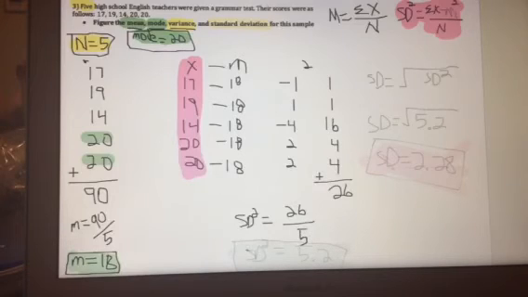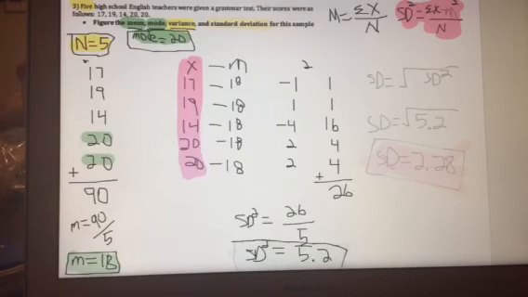So SD squared equals, what do we get? We get 5.2. Okay, so that's our variance.